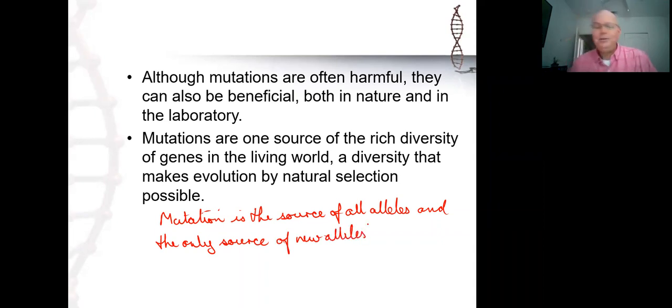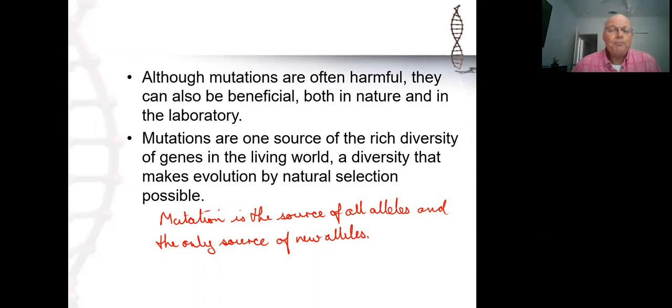So as much as mutation may seem like a bad thing, in fact, without naturally occurring mutation, not the mutations that are the product of things that we do, the chemicals that we make, but naturally occurring mutations, are the source of the alleles that natural selection requires to allow organisms to adapt and to evolve to new situations.